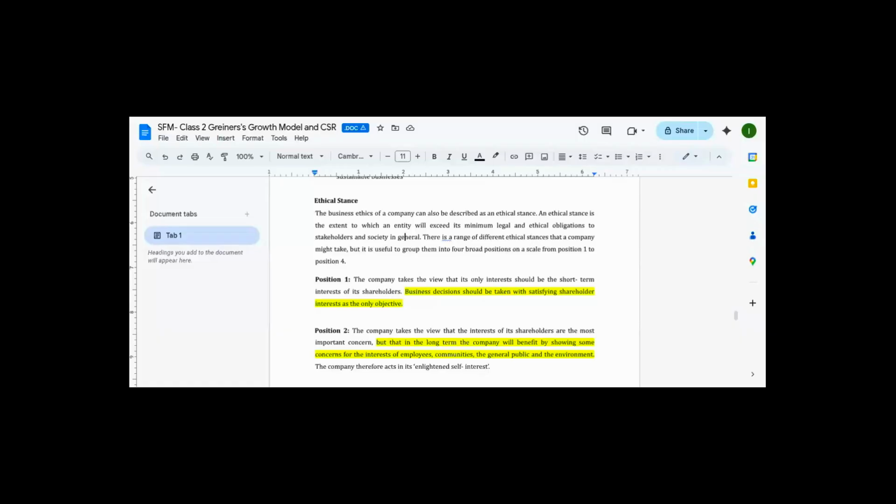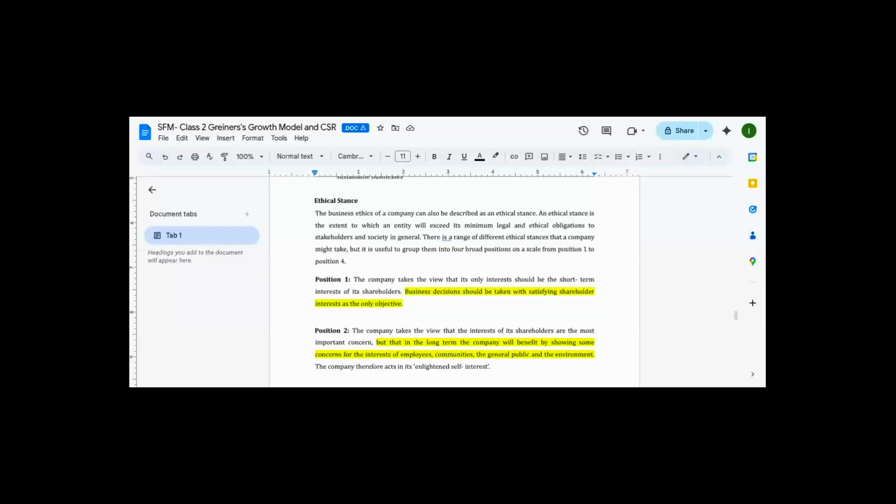This ethical stance before was not extended to cater for the employees. You can imagine, it was only focused on the shareholders alone. With a series of agitations, confrontations, a lot of persuasions, and litigations in court here and there, a lot of companies now shifted their position, broadening their ethical stand to cover 4 positions.